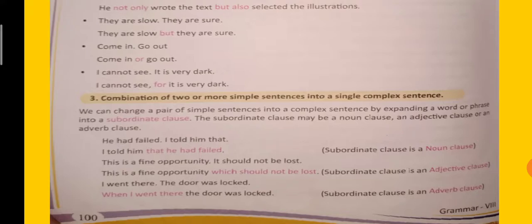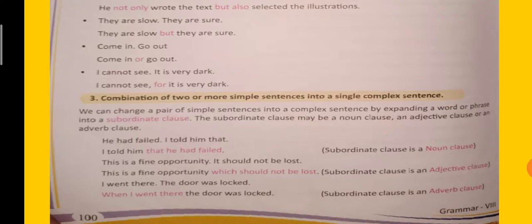Okay, then the third and the last is the combination of two or more simple sentences into a single complex sentence. And in complex sentences, as I have taught you in chapter 1, a subordinate clause will be there. Subordinate clause with a subordinating conjunction. It is written over here.